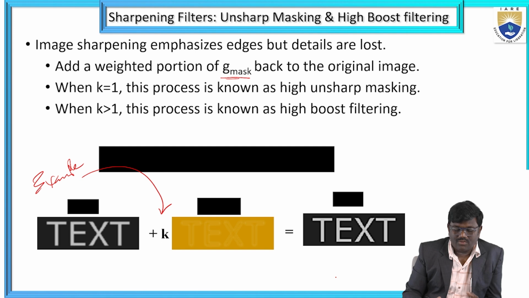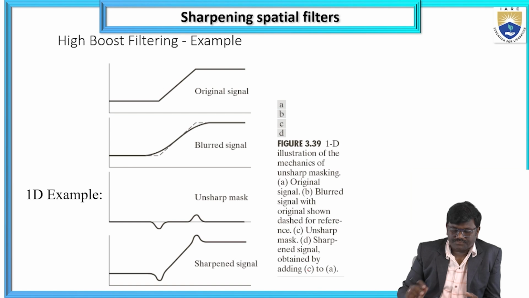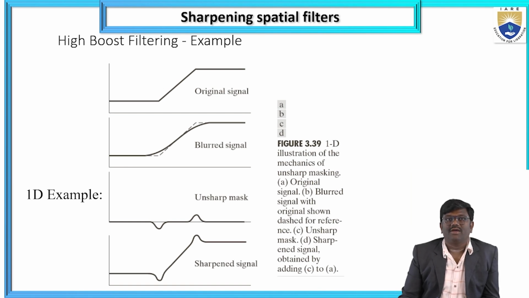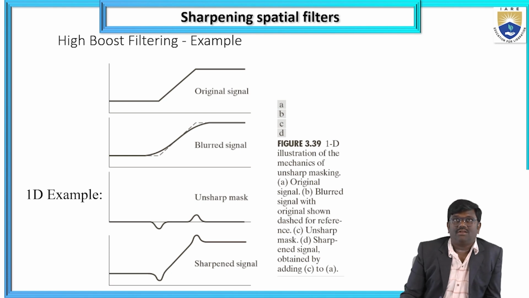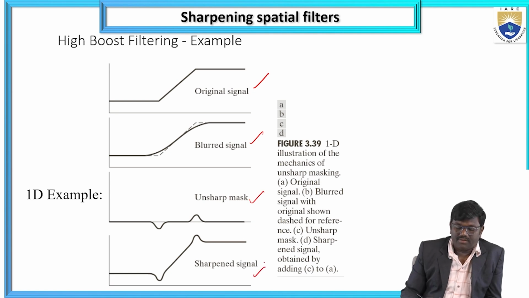When k equals 1, we get this output. In this high boost filter example, we take the original signal, the blurred signal, the unsharp mask, and the sharpened signal.